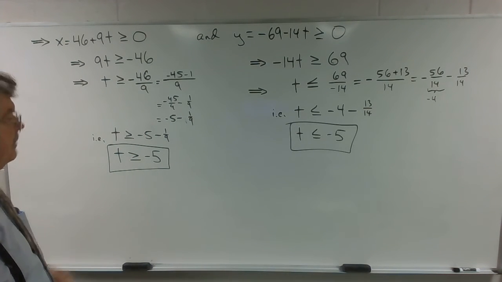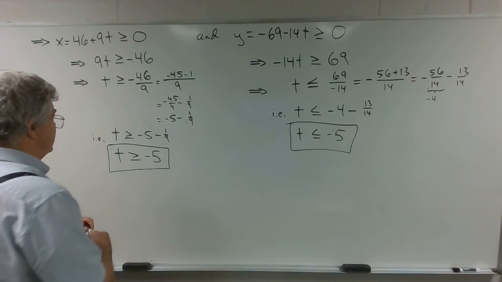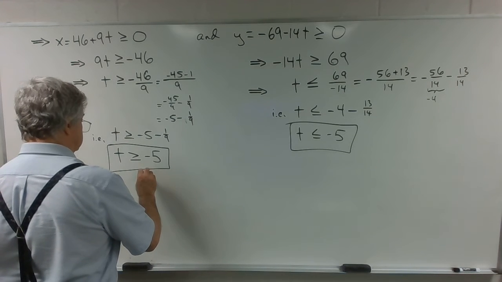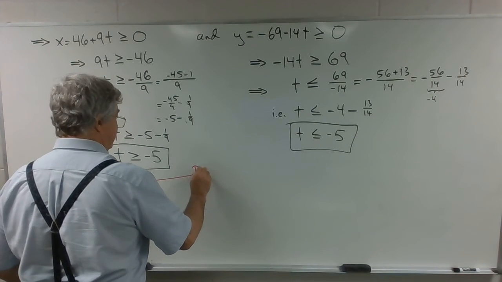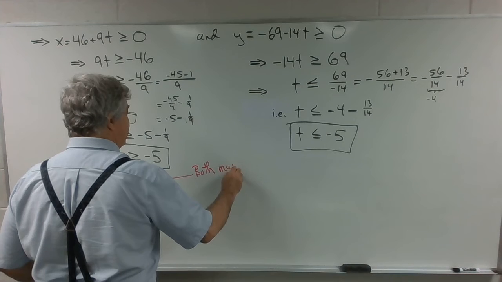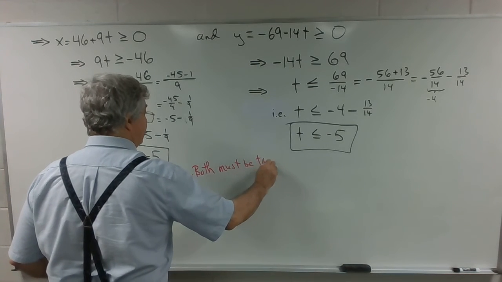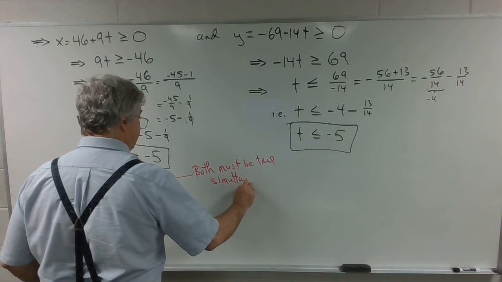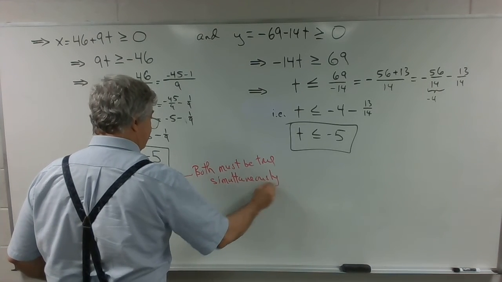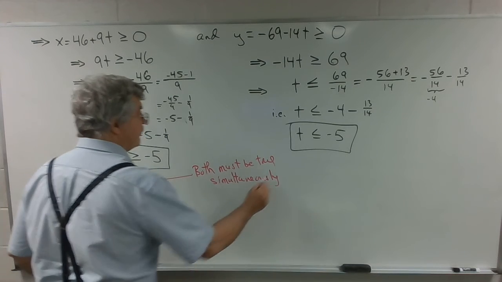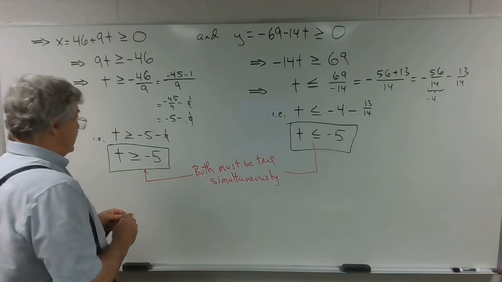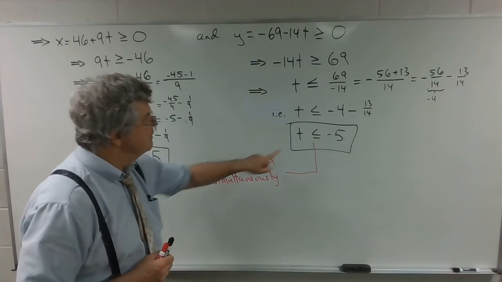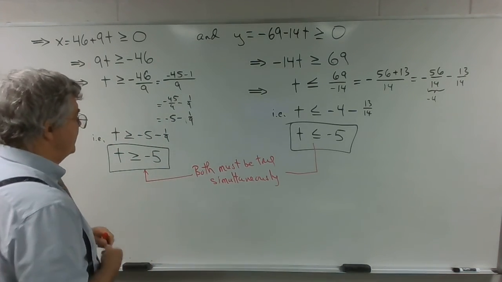Holy moly. Both have to be true. T has to be greater than or equal to negative 5 and less than or equal to negative 5.